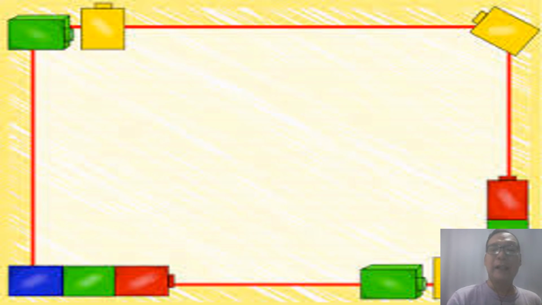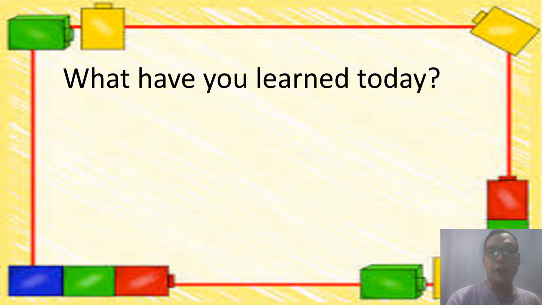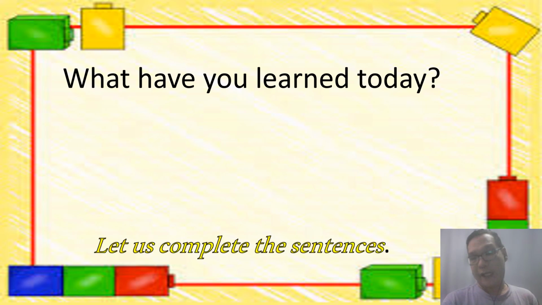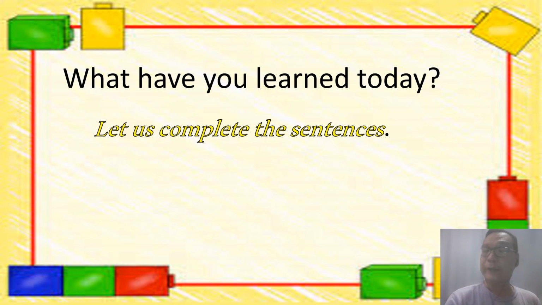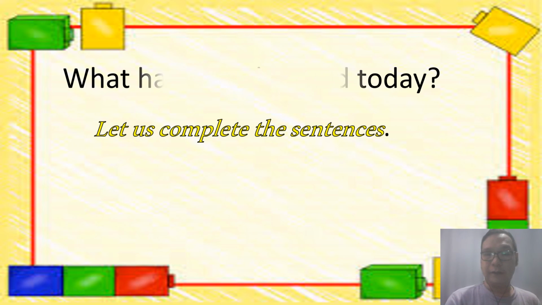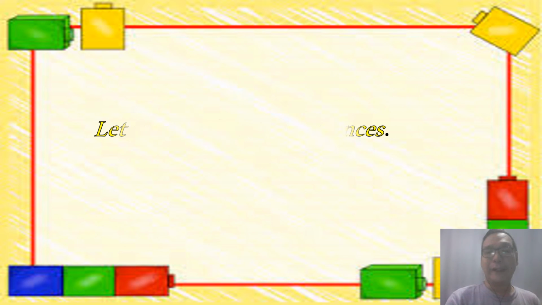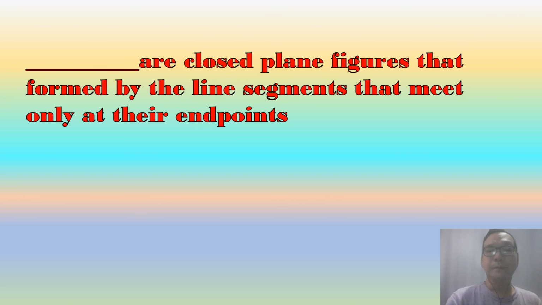So now let us make a summarization of what you have learned today by completing the sentences on your screen. So first sentence, what do you call a closed plane figure formed by line segments that meet only at their endpoints? And that endpoint is called a vertex. Very good, that is a polygon.